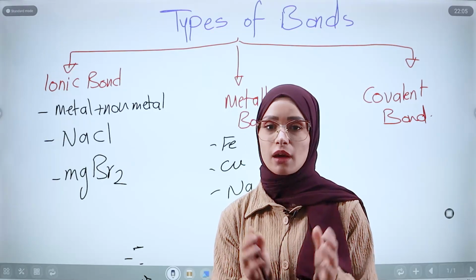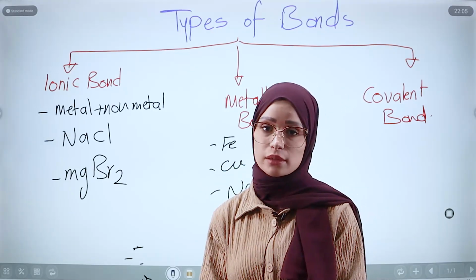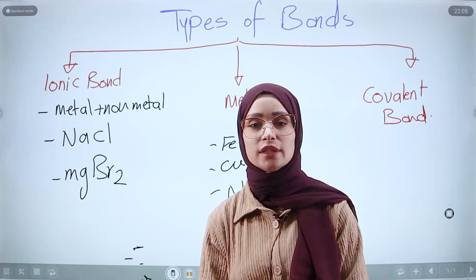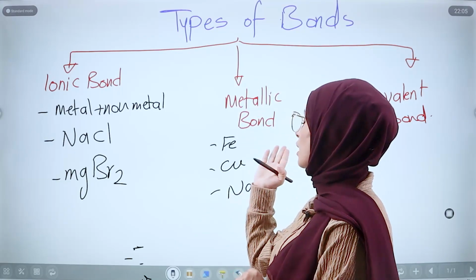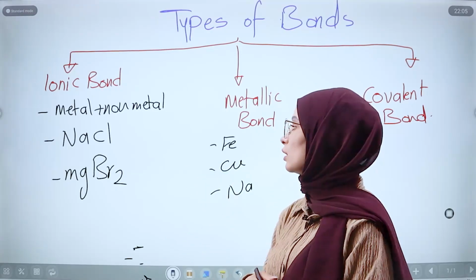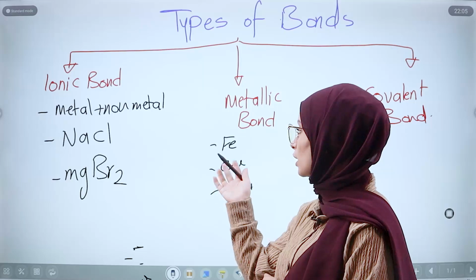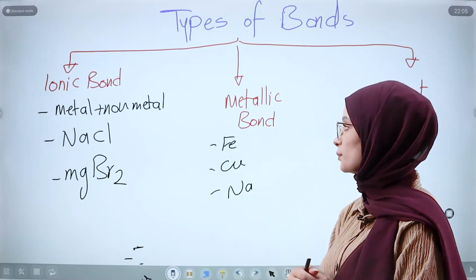Of course, the metallic bond is a bond for metals, and non-metals don't have the metallic bond. So whenever you see iron, copper, sodium, any metal, it's easy to detect that these have metallic bonds.